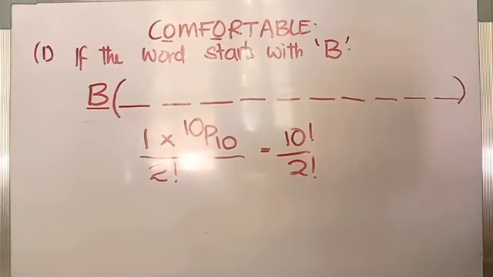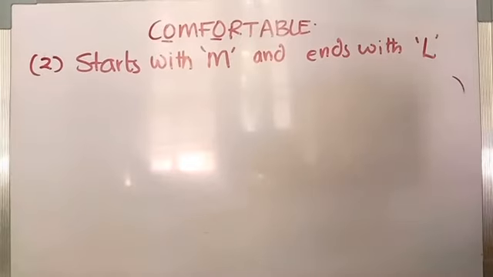So this is a form when we think about a question of words which start with a particular letter. Another question you can find is that it has to start with M and end with L. It starts with a particular alphabet and ends with another alphabet.